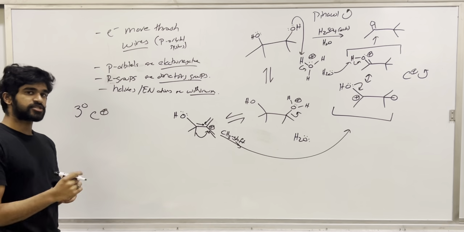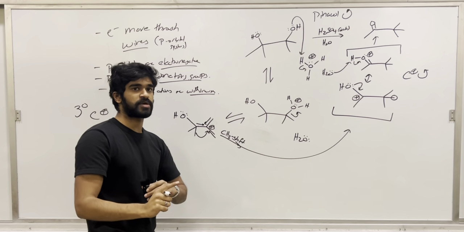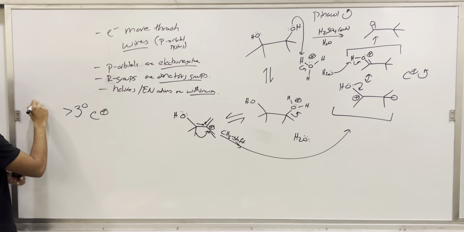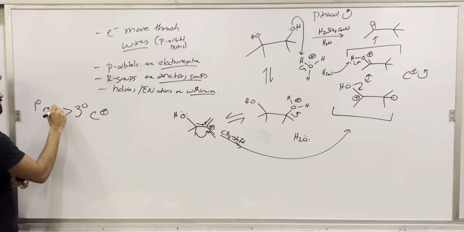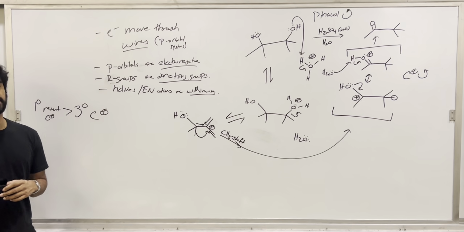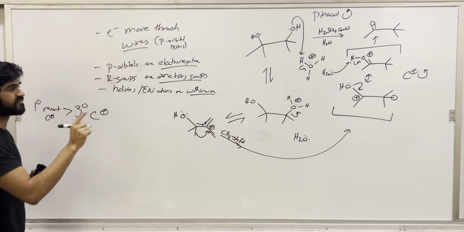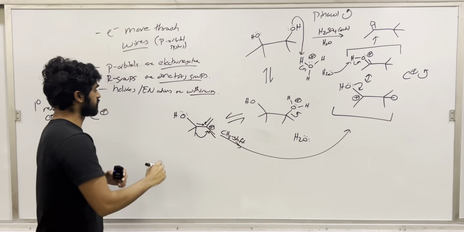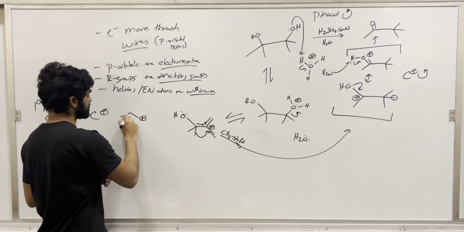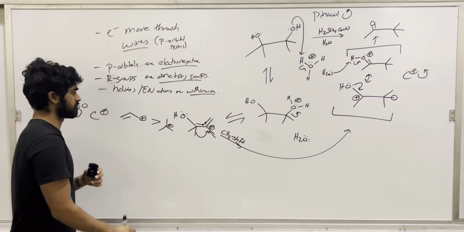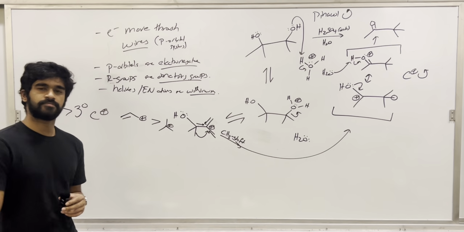Professor Militsky ventured to say, and he's looked at so many research papers about this just to make this claim, that even primary resonant carbocations are more stable than tertiary carbocations. So he strongly believed, and I agree with him. I didn't look at the research, but I trust his word. He believed that this was more stable than this. And I trust him.